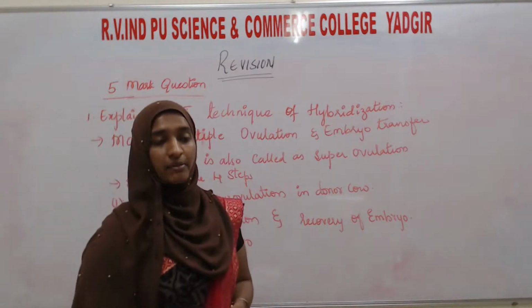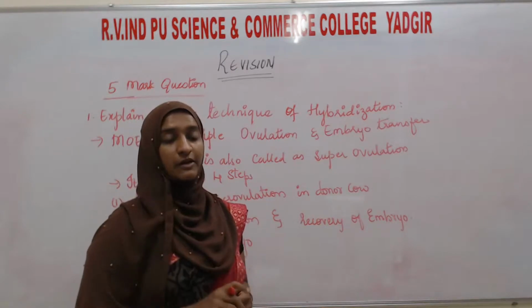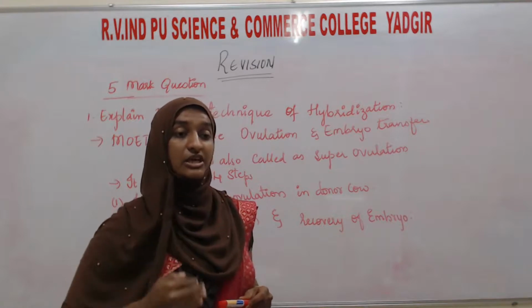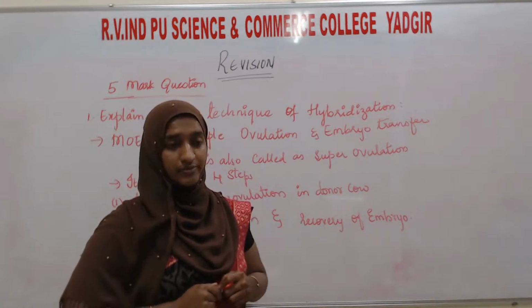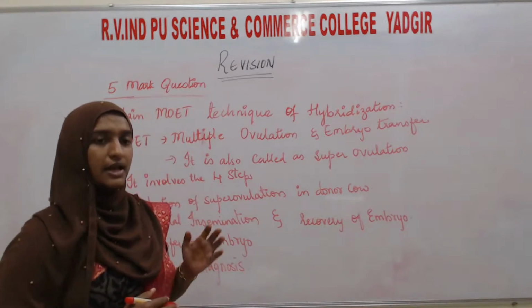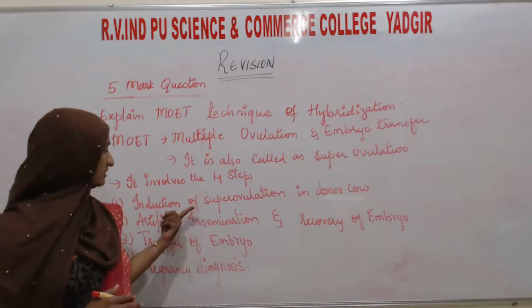Sometimes they will ask only to write the steps involved in the MOET technique. Sometimes they will ask to explain the steps. If they ask to explain, then you have to explain each step.